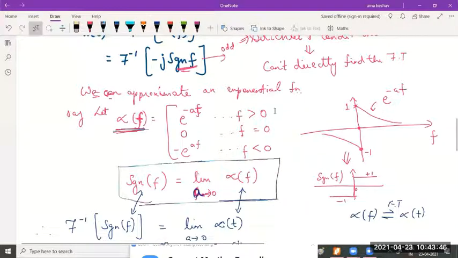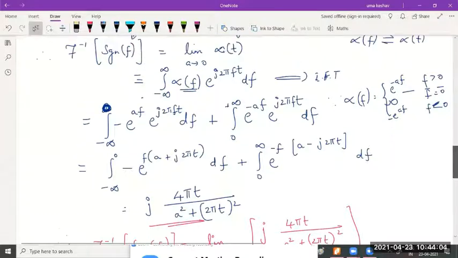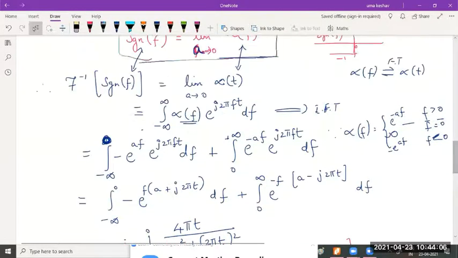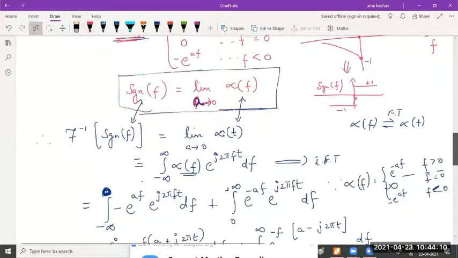Whatever function I have assumed using exponentials, when I apply the limit as a tends to 0, only then will I get the signum function. And this is how we will solve for Fourier transforms of such functions which do not satisfy the Dirichlet's conditions. Okay, so please refer to this.